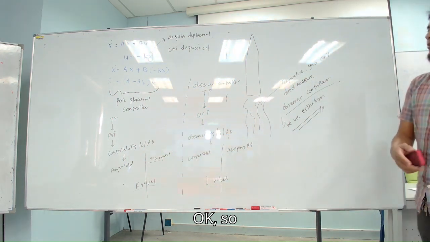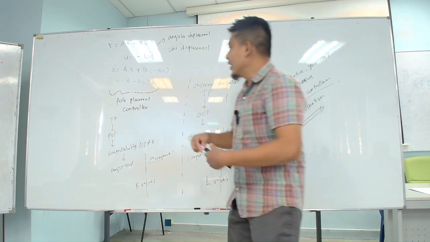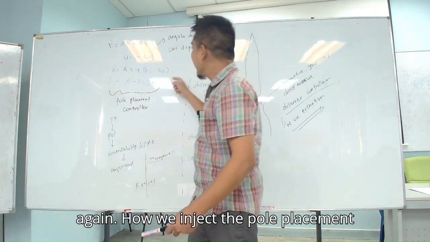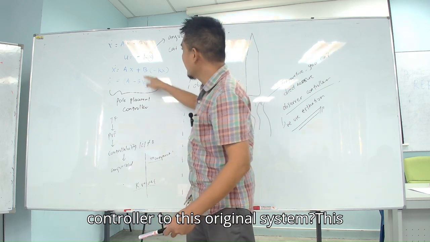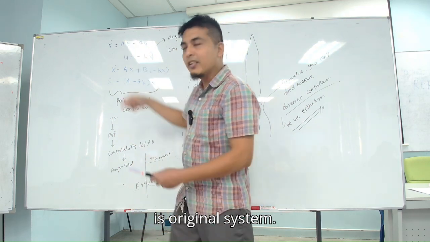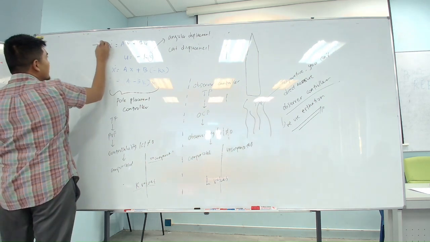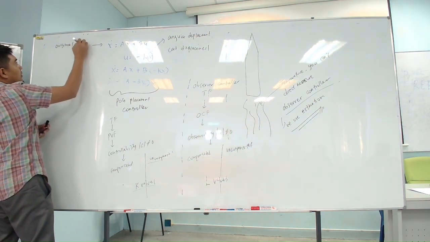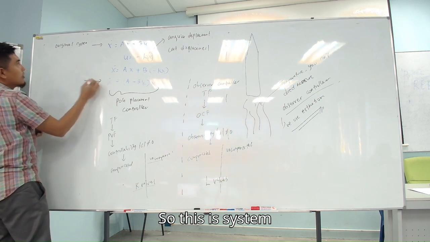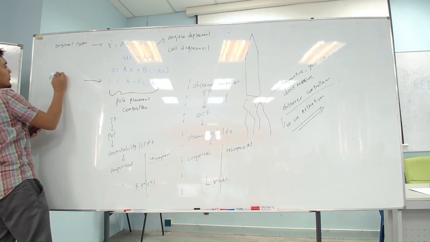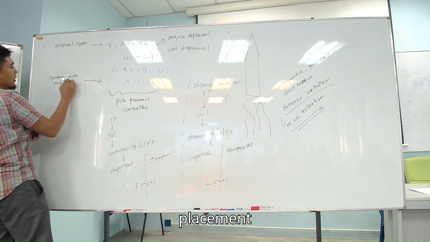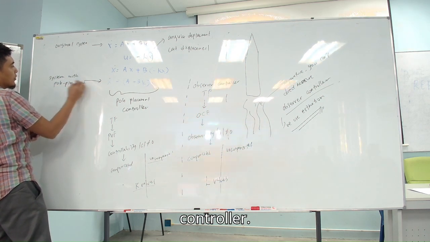Okay, so this is the pole placement controller. How do we inject the pole placement controller into the original system? This is the original system. So this is the system with pole placement controller.